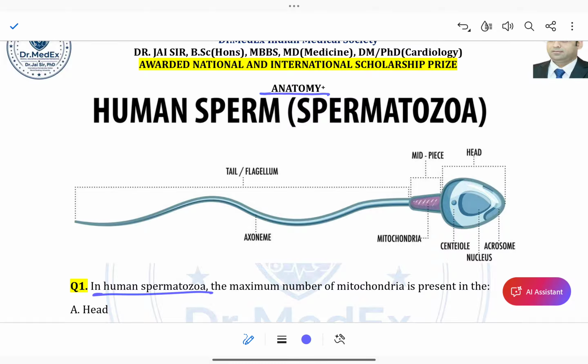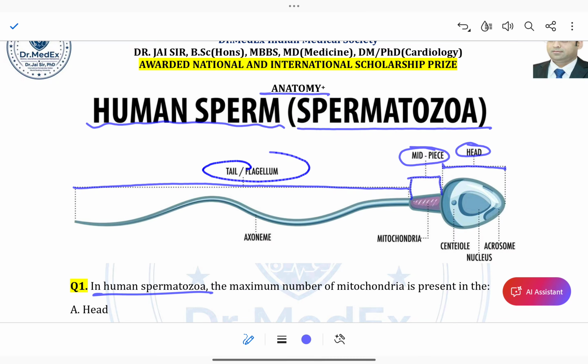I have already provided one very good picture of human sperm, that is spermatozoa. In the human sperm, you will see there is a division. From this picture you can find, from here to here is the head, and from here to here is the midpiece, and all this part is the tail or flagellum.